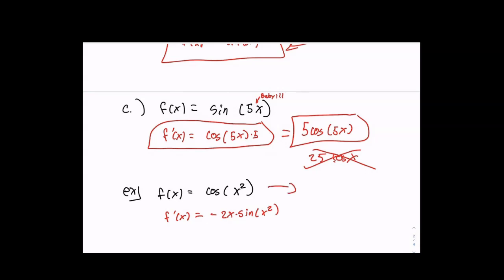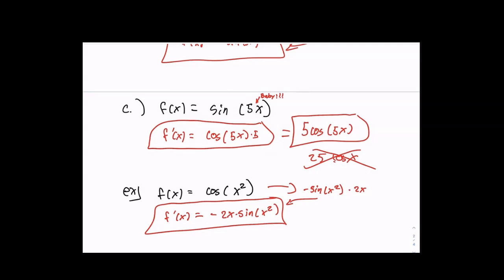Now, some of you might have done negative sine of x squared times 2x, and then you can get to this answer right here. So it's negative sine of x squared times 2x. Well, let me just bring that 2x to the front, just to make it look a little bit cleaner.